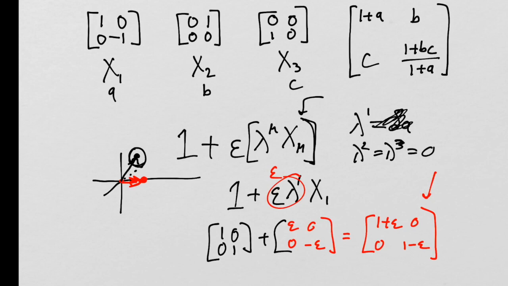Now, how much do we miss by? Well, bc is 0, so that's pretty good. So it's 1 over 1 plus epsilon, which is approximated by 1 minus epsilon. To the degree that this is accurate is the degree that this is accurate.